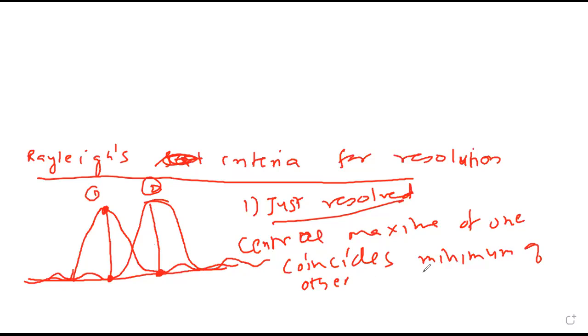This is called condition for just resolved. मतलब दो object फिर मुझे clear दिखाई देंगे. Just draw this diagram and write this condition: central maxima of one coincides with minimum of other, then it is just resolved.